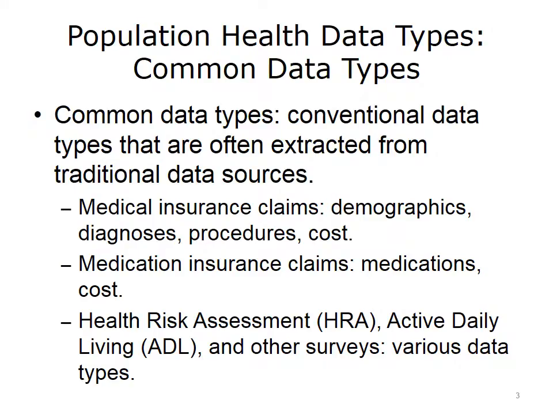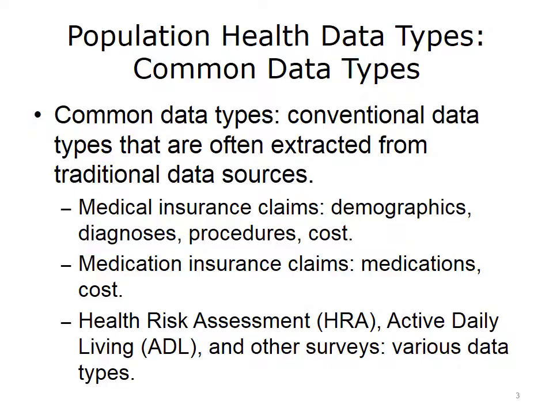Population health data types can be categorized into common data types and emerging data types. Common data types are conventional data types for population health analytics and management that are often extracted from traditional data sources. These data sources include medical insurance claims, which include a variety of data types, such as demographics, diagnoses, procedures, and cost.